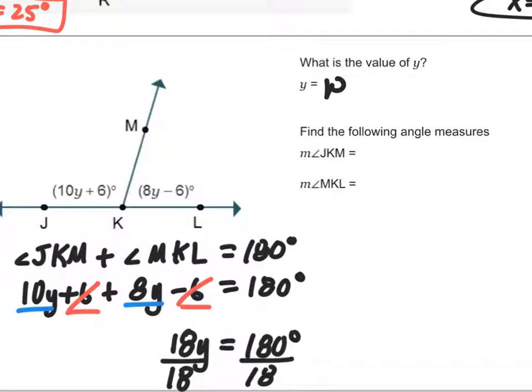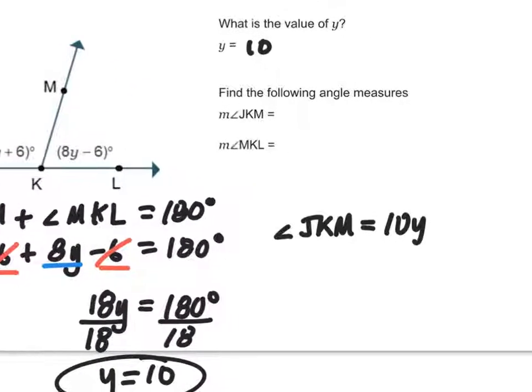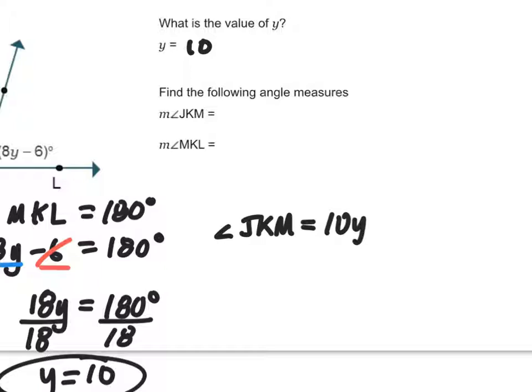Now I'm going to use that value of 10 to figure out what those other angle measures are. So I know that angle JKM was 10y plus 6.